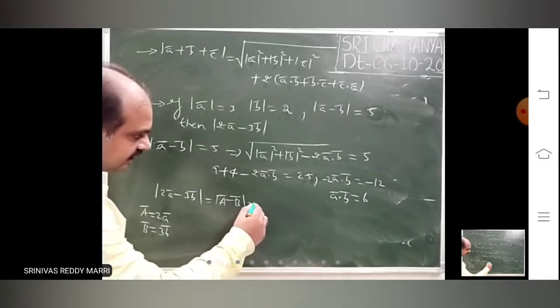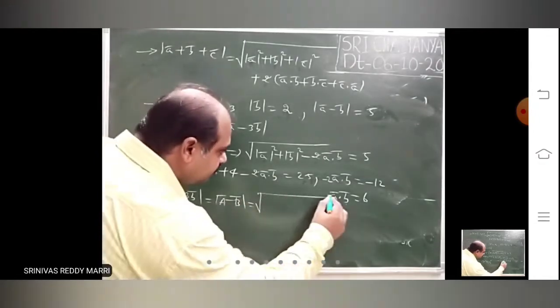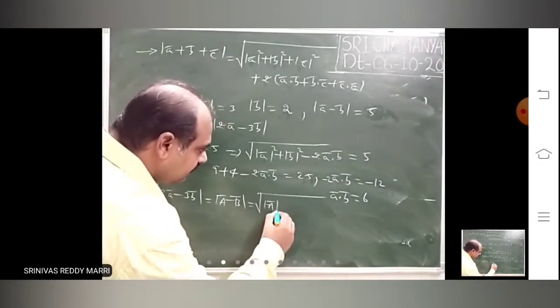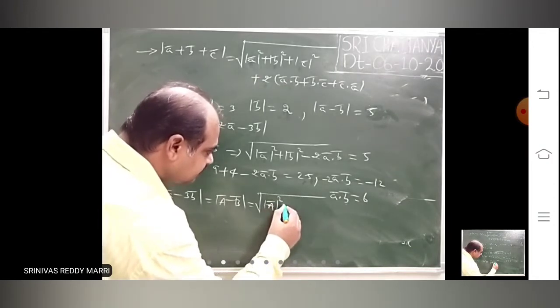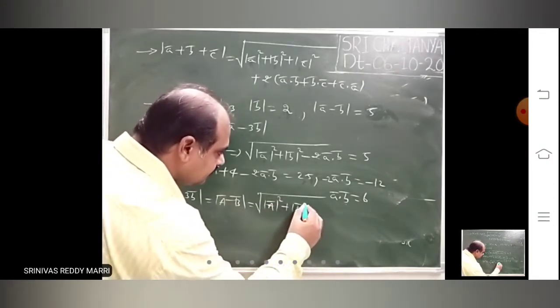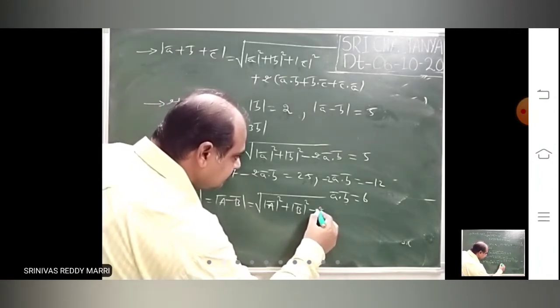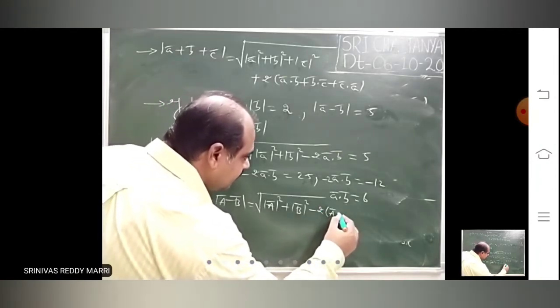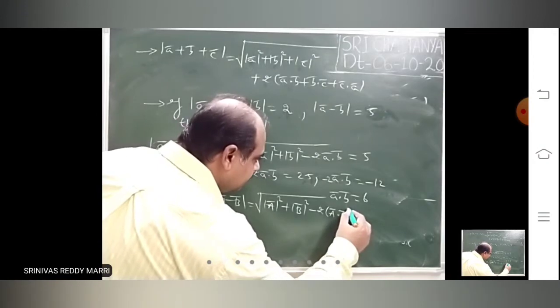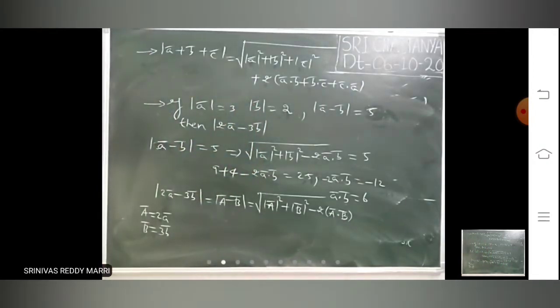After that we will substitute. What is the formula for this? Root of modulus A bar square plus modulus B bar square minus 2 into A bar dot B bar. This is the formula.